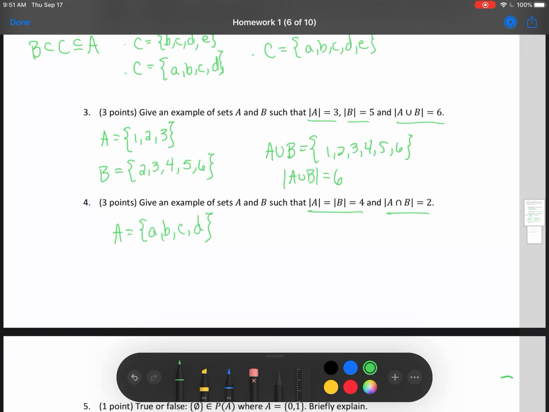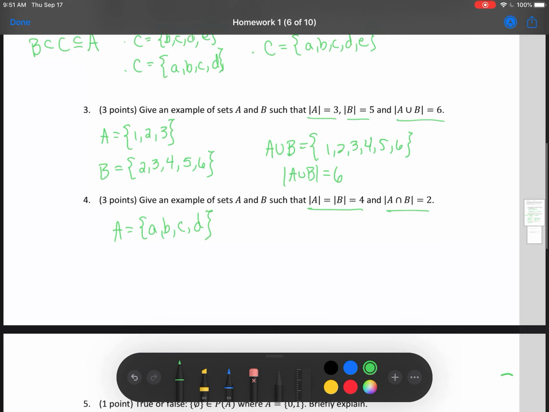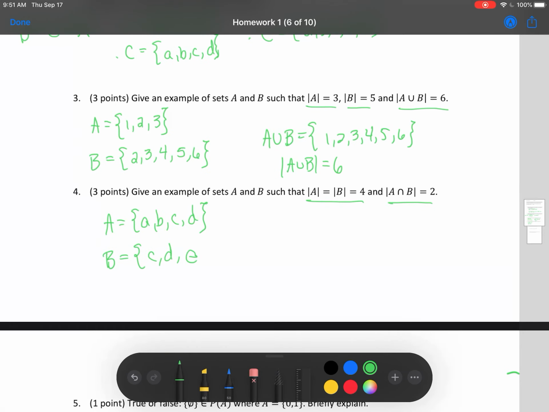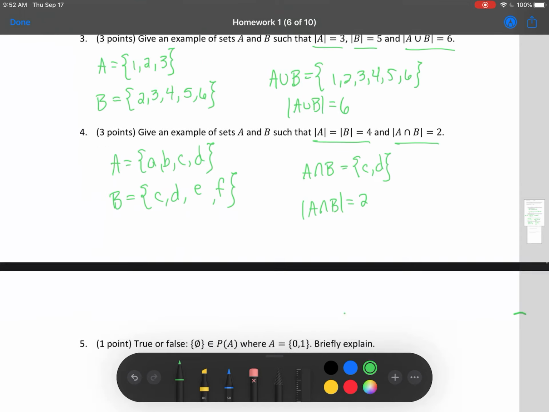If A has to have 4 elements, we could say A, B, C, and D. We know that B has to overlap in 2 of those elements, so I'm going to choose C and D. And then maybe C, D, E, F. So notice they both have 4 elements. They both have cardinality 4. And then A intersect B would be the set containing C and D, so the cardinality of A intersect B is equal to 2.